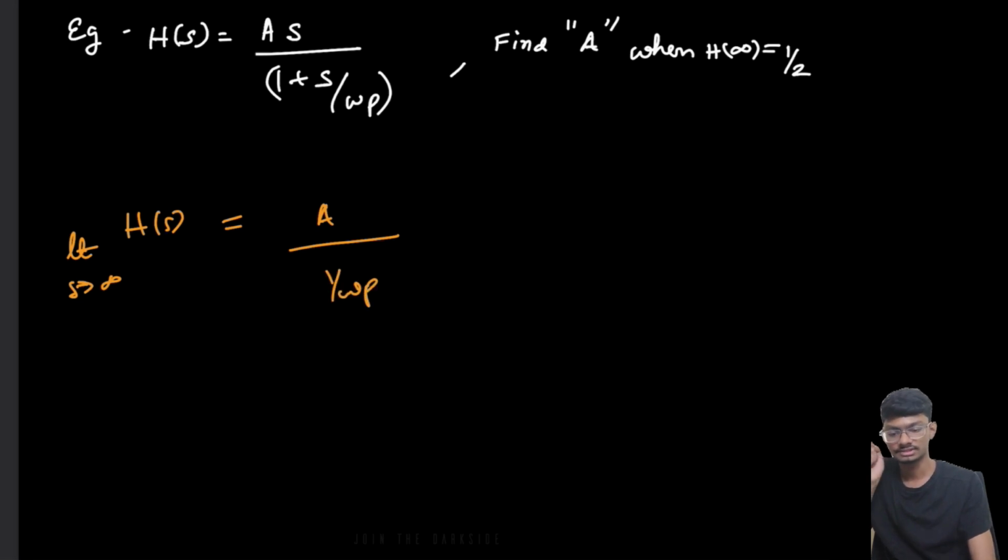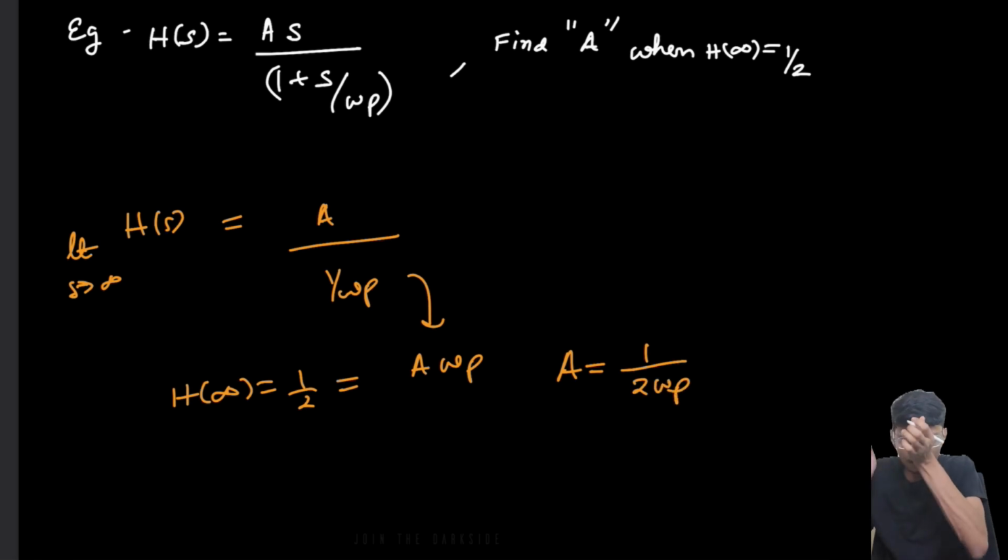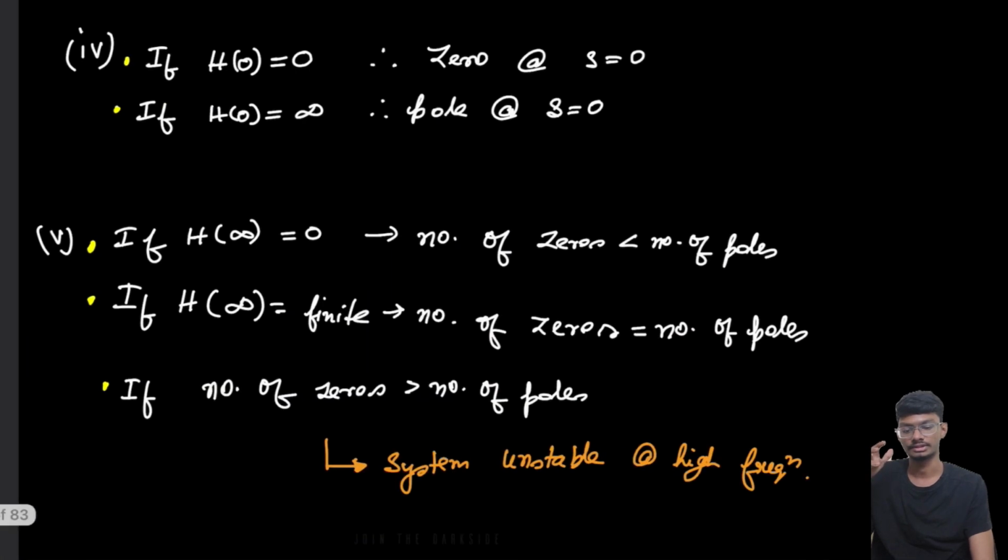The s themselves will cancel out, but the coefficient will remain. And the question has stated that H of infinity is 1 by 2. So if H of infinity is 1 by 2, then we have already found this value A omega p from here. So A should be equal to 1 by 2 omega p, right? So this is the value of A. That's how we will find the value of A, just like in this example, right?